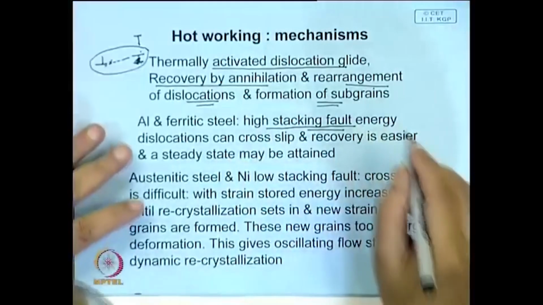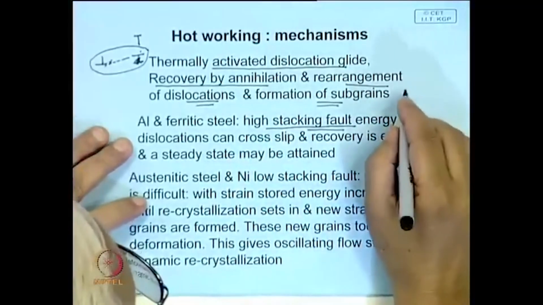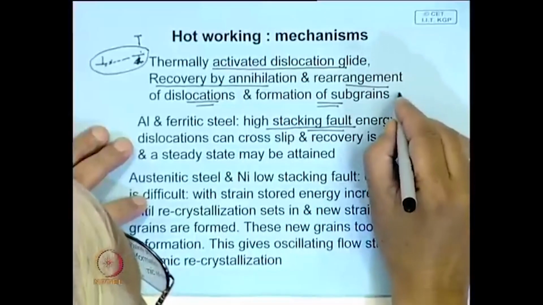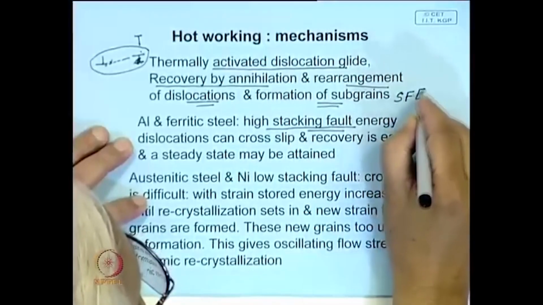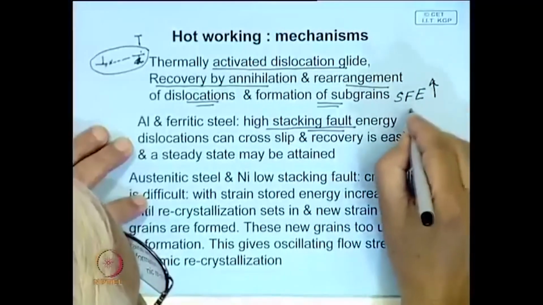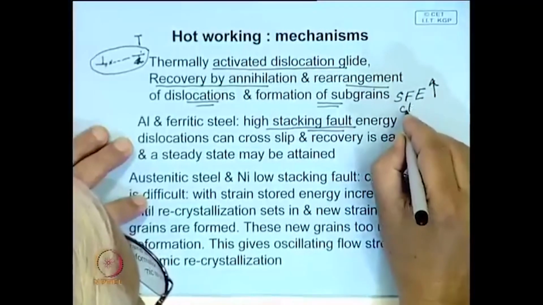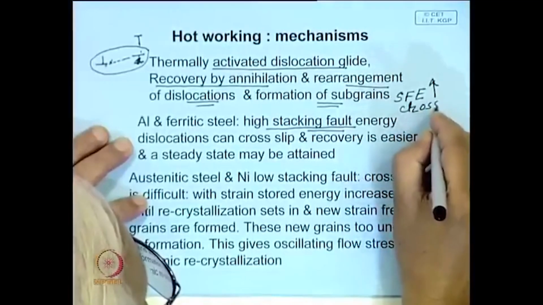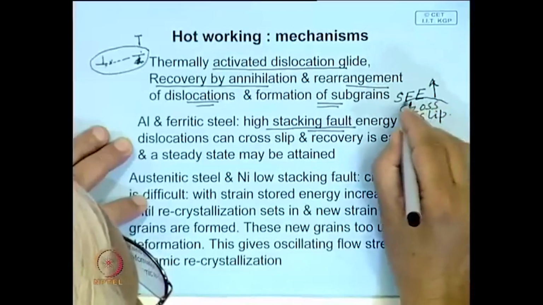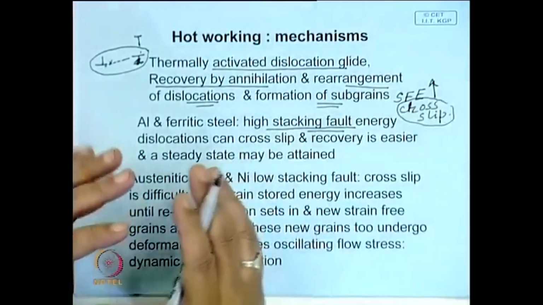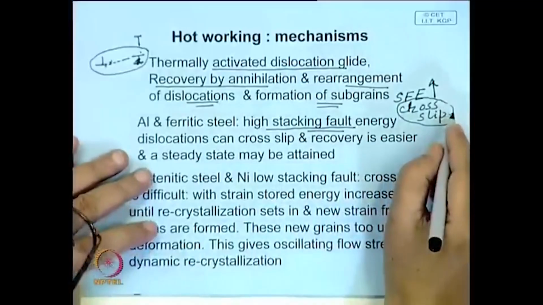is high stacking fault energy material, they can cross slip. If gamma, the stacking fault energy, is high, in that case cross slip takes place, and this leads to the formation of a nice well-knit dislocation network.